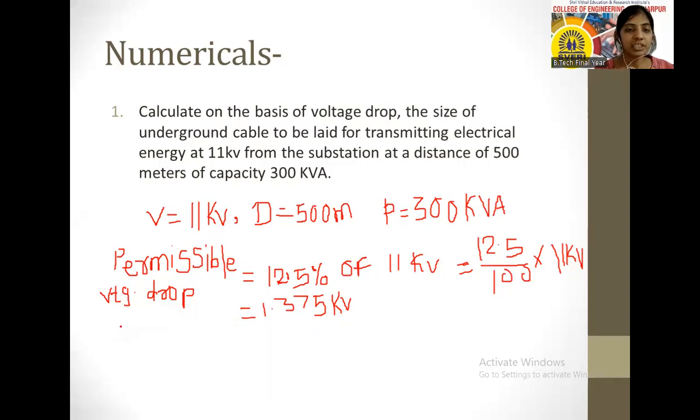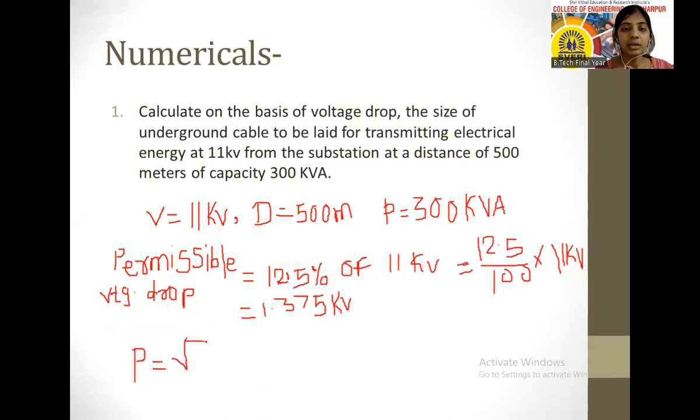Here apparent power is given, so apparent power means only V into I, the voltage into current. So the power factor will not come here. If power is given in kilowatts, in such cases you have to consider the power factor. But here we are not considering the power factor because power is given as apparent power.